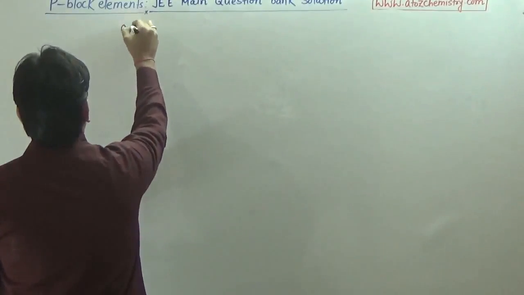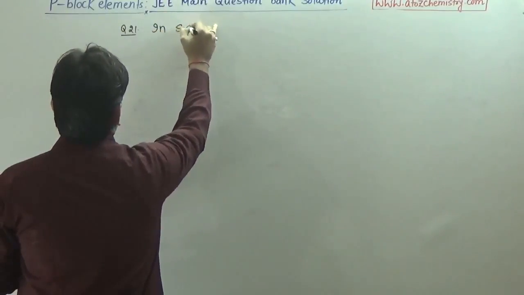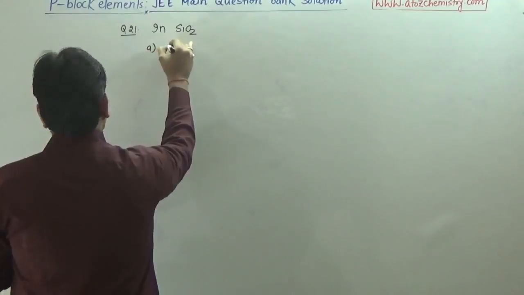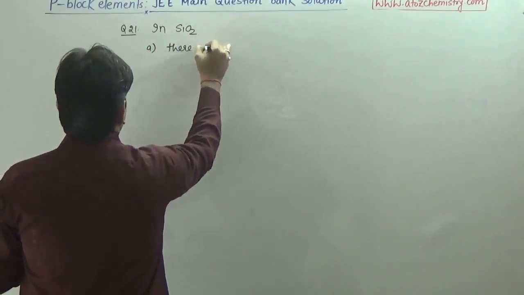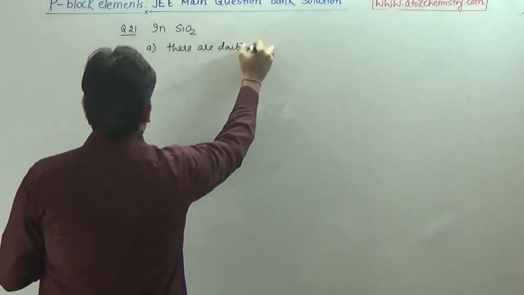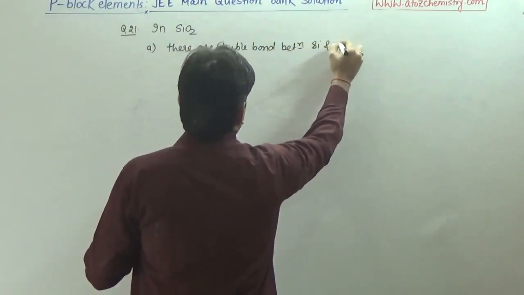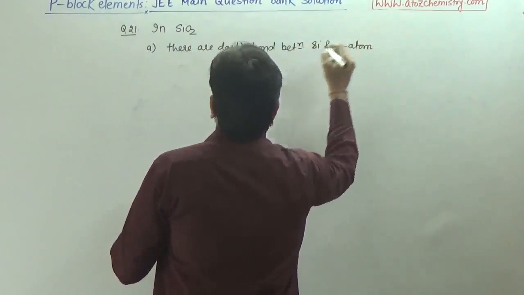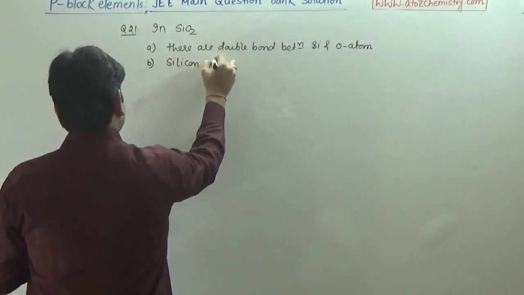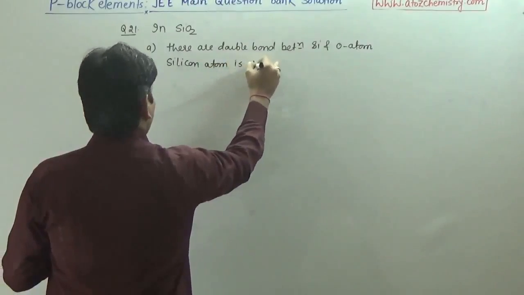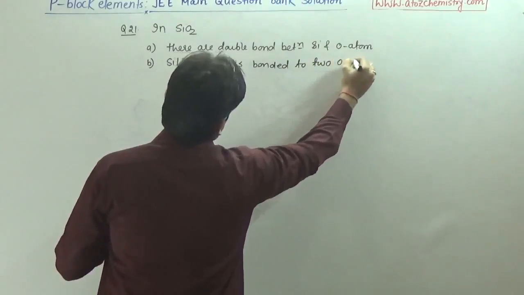Question number 21. In silicon dioxide SiO2, A option: there are double bonds between silicon and oxygen atom. B option: silicon atom is bonded to two oxygen atoms.